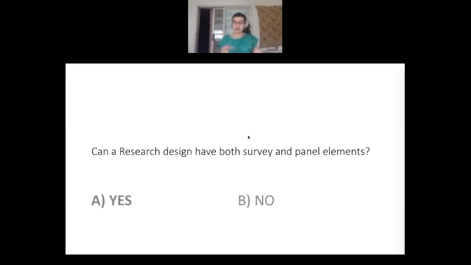So it will ask the same people questions over and over again every 5 years or a year or whatever it is. So you can have surveys that have panel elements, and panel element just means that they're asking those questions on a recurring basis to the same people.